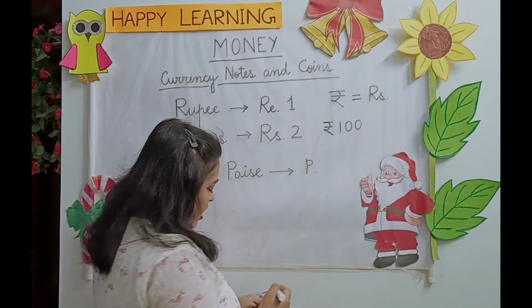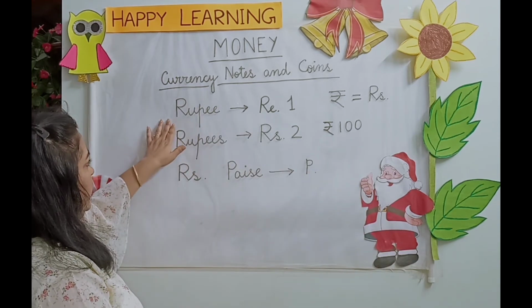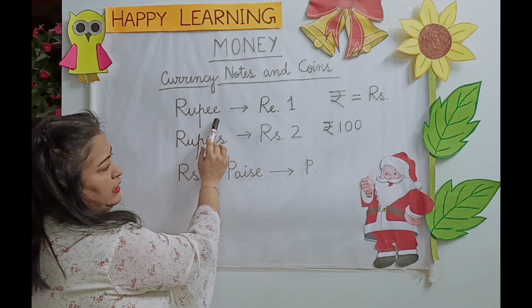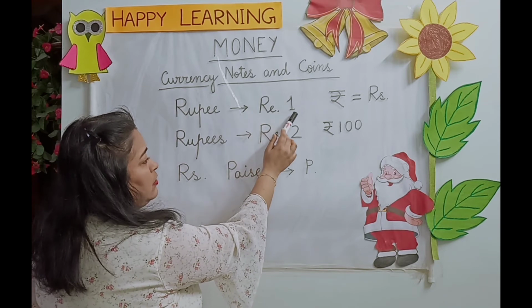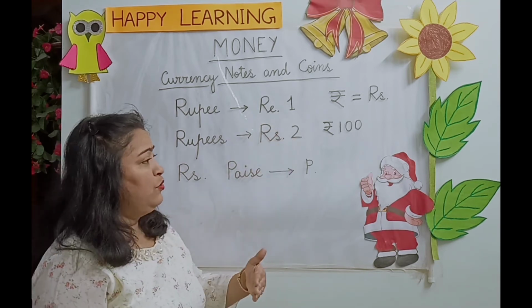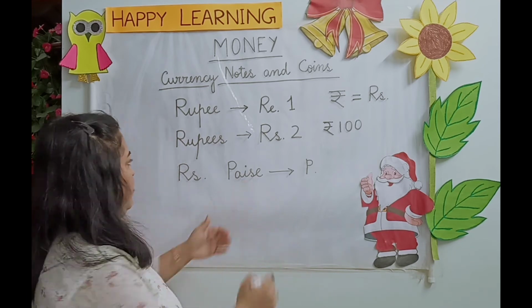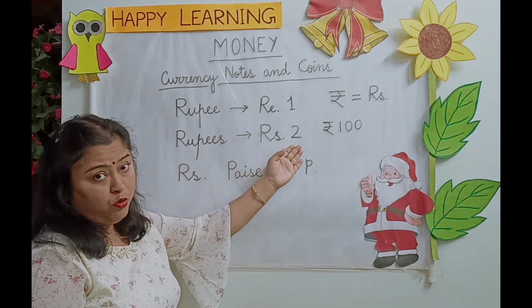Okay. Now, again repeat it with me. This is the spelling of rupee. R-U-P-E-E. Rupee. This is RE.1. But when you speak more than rupee 1, then it will become rupees, because now it is a plural number, more than 1.